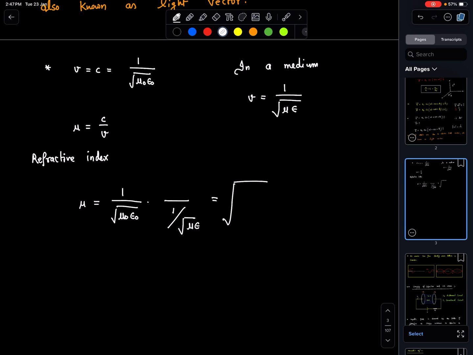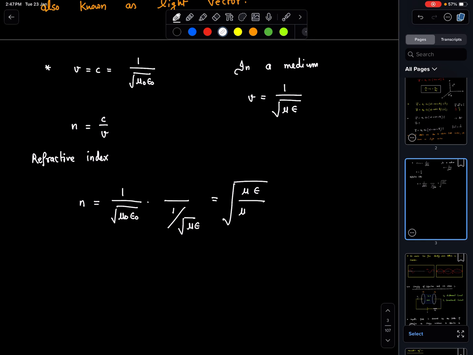If we adjust these terms, we are going to get mu and epsilon naught. Okay, we'll have a trouble here, by the way. Let's call this refractive index n. That is better, because we are already using mu for that.